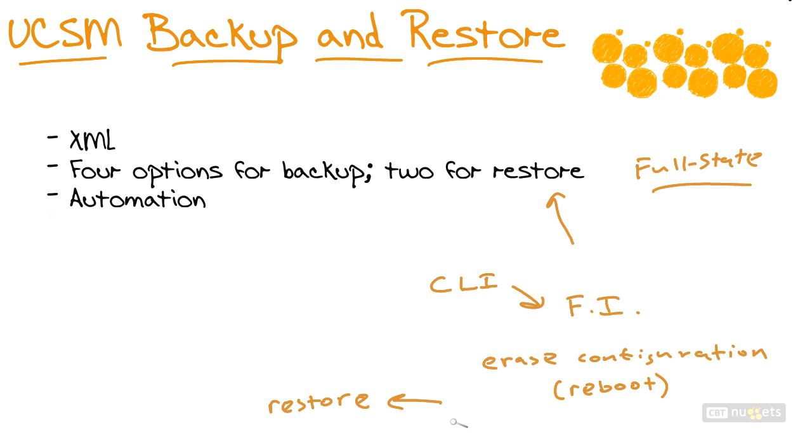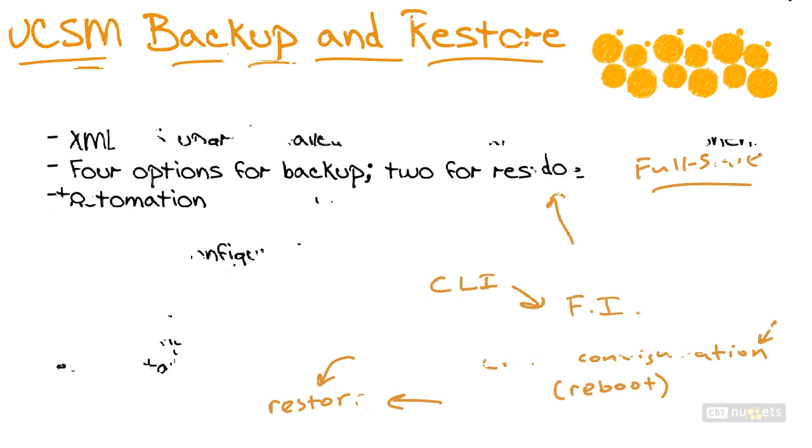Pretty cool. So when we do the restore as opposed to an import, we are erasing the configuration on the active fabric interconnect. It will reboot, and then we are typing the restore command, and we're navigating to that full backup that we created.